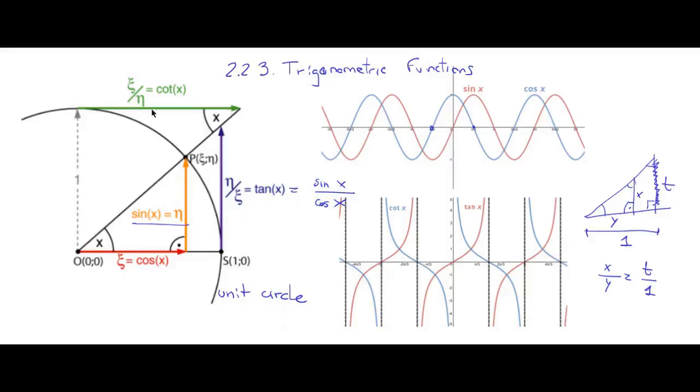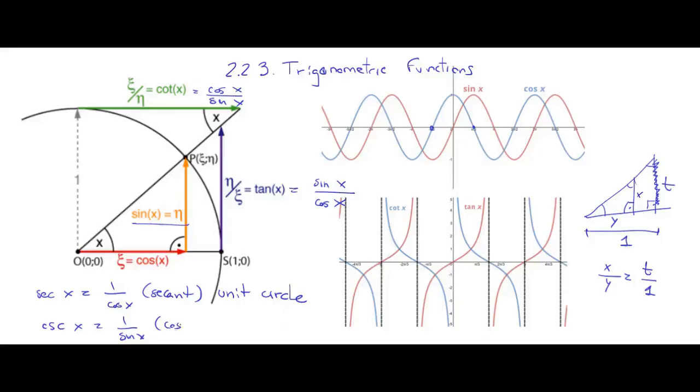And the cotangent is the inverse of the tangent, so this is the cosine of x divided by the sine of x. Using similar geometric arguments, you can see why this is the length of the cotangent. Now there are two additional trigonometric functions that we will see during the course. First is the secant of x, which is 1 over the cosine, and the cosecant of x, which is 1 over the sine of x.